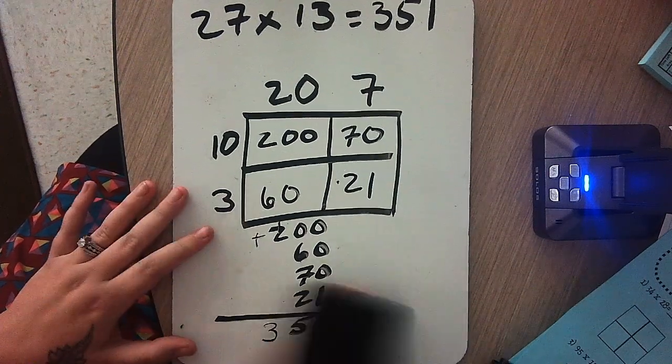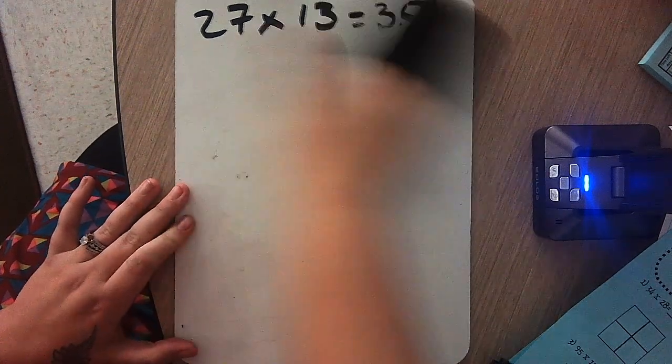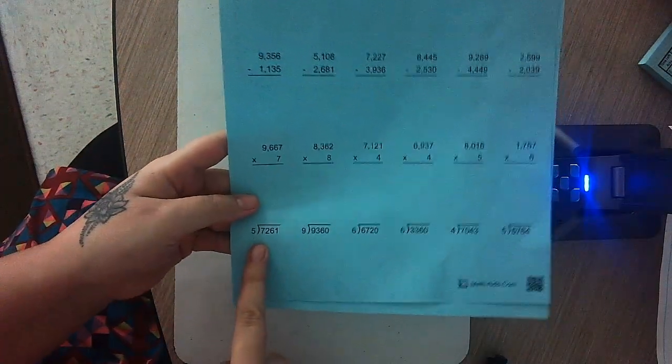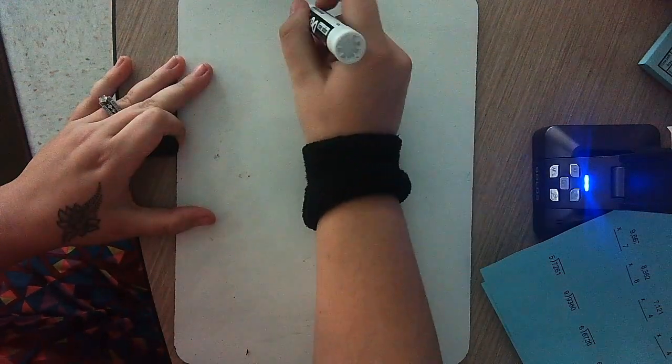Now, as far as the long division strategy that students may know, I'm going to do this problem here on the homework, 7,261 divided by 5. So I'm going to write that up top here.